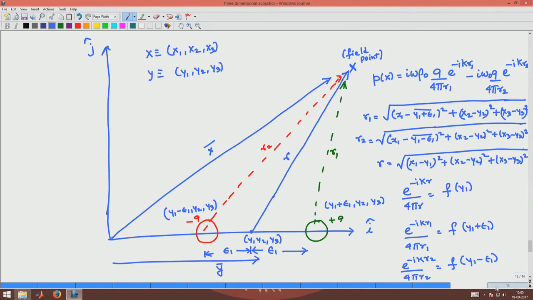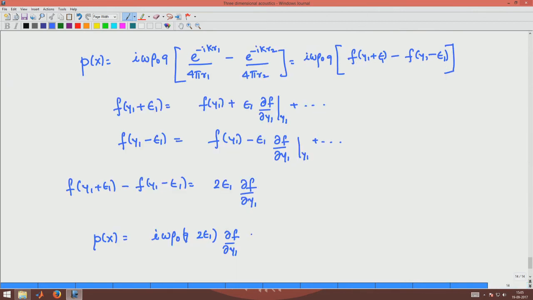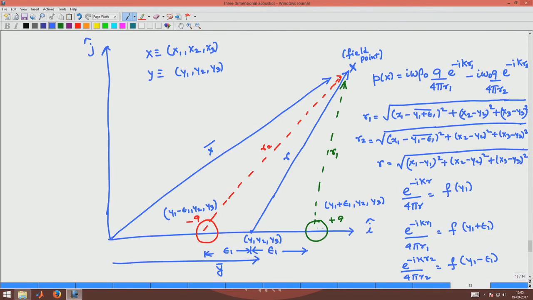So, y 1 is this location, and we will continue using that notation. And also here we see that it is q times 2 epsilon, which is the distance between the two monopoles, which is directly relating to the acoustic pressure, and therefore, as I said, q times 2 epsilon will be called as the strength of the dipole configuration here.